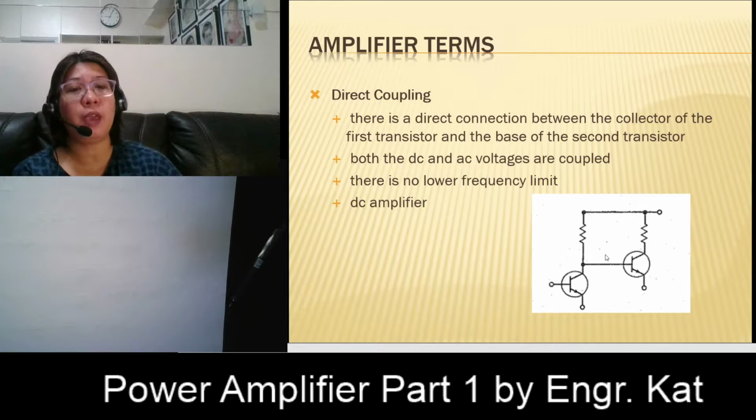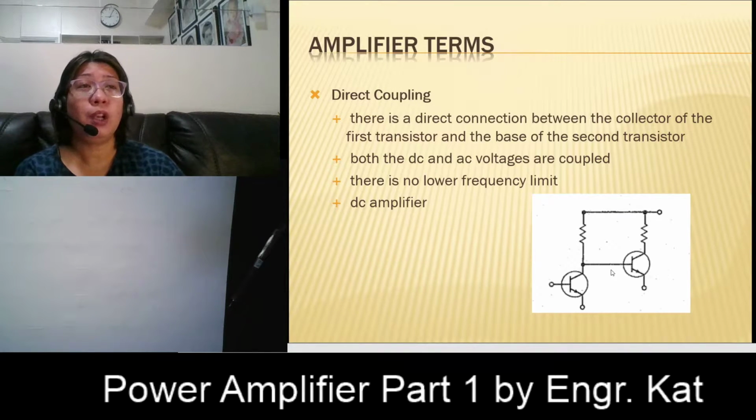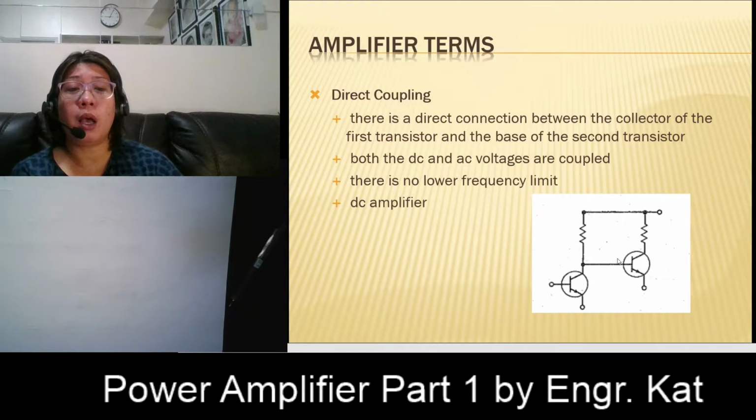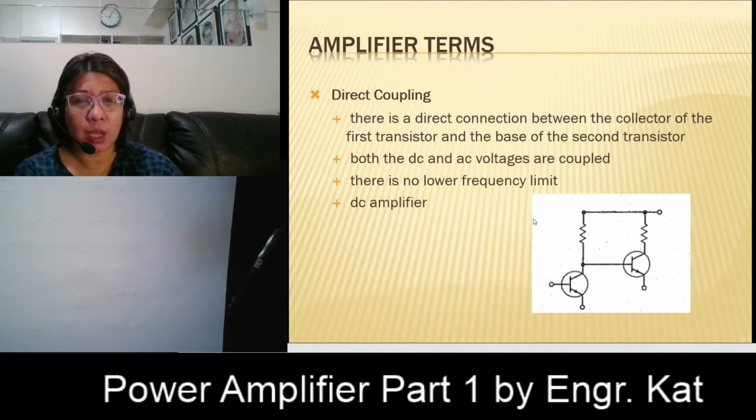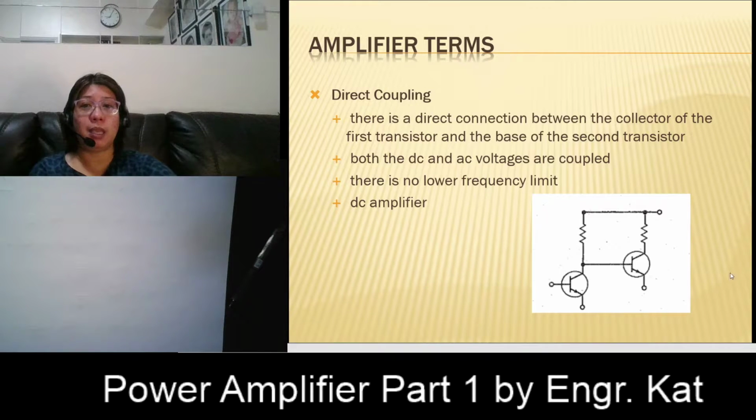So since we don't have a capacitor here, or an inductor, or a transformer here, and they are directly connected, your lower cutoff frequency will not be dictated by a capacitor, or likewise a transformer. So therefore, these are what we call DC amplifiers, wherein there is no lower frequency limit. So technically, you are starting at 0 hertz frequency. So therefore, we call that a DC amplifier.